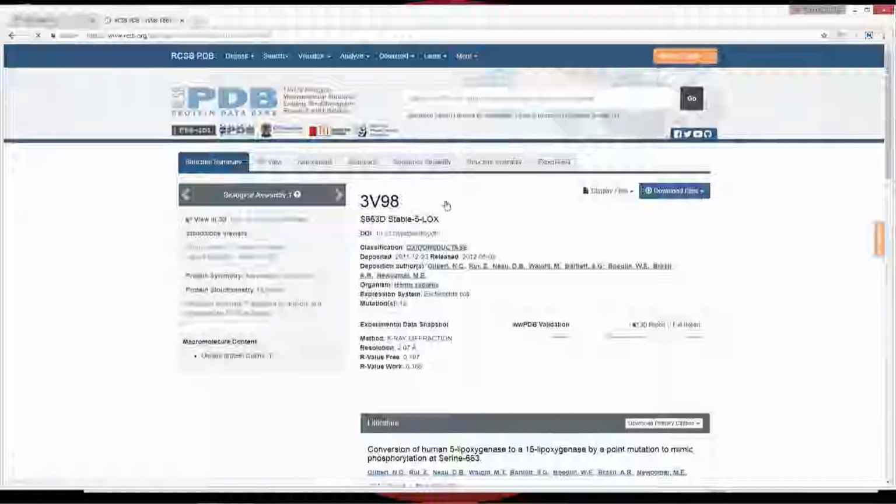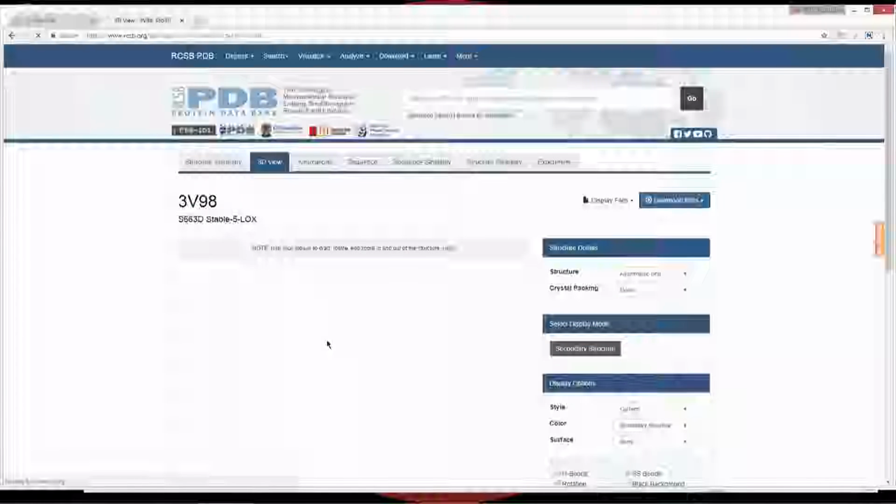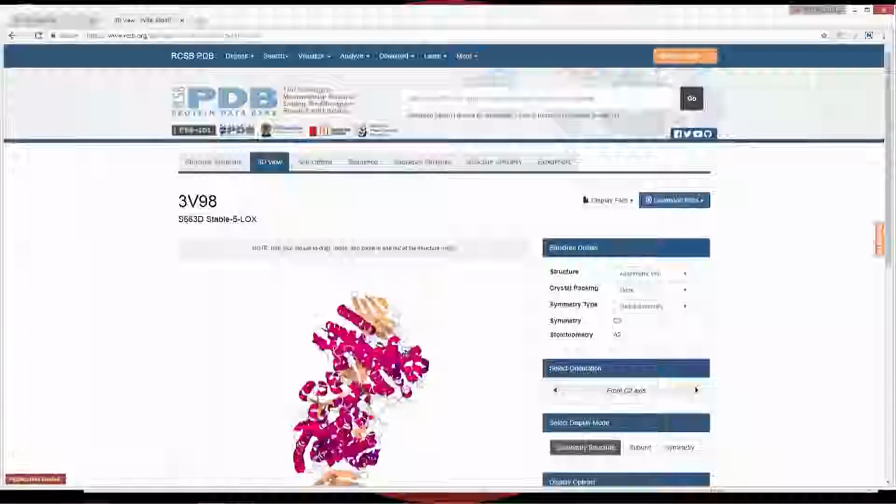That is an enzyme in the arachidonic acid pathway which converts arachidonic acid into HETE and so on. We can view that under JSmol. So, this is your protein.